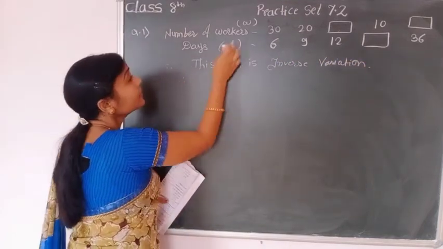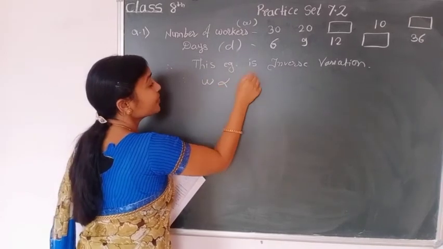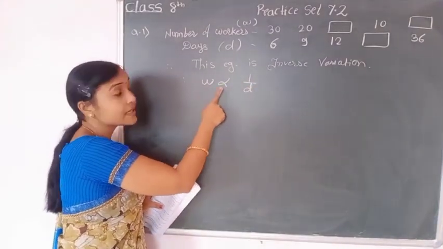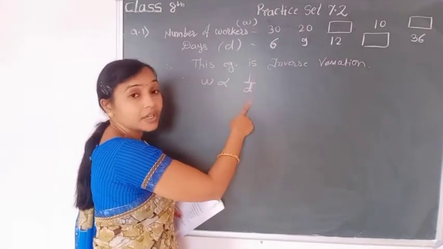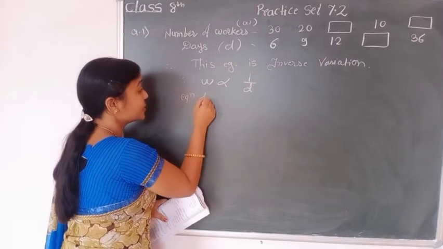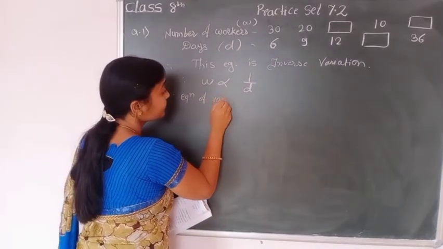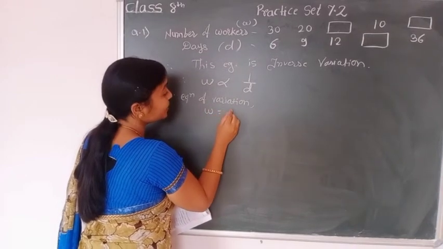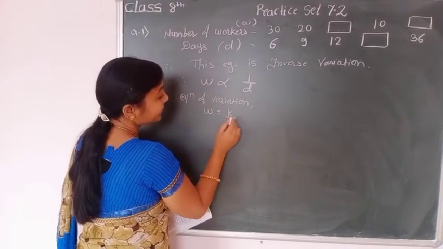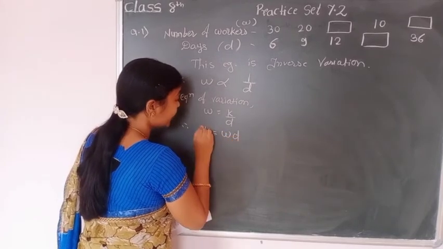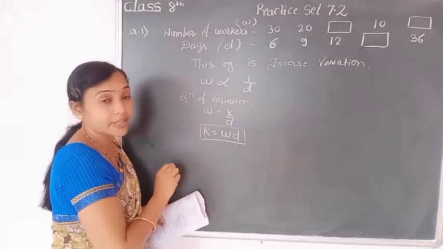So we write W is inversely proportional to number of days. Number of workers is inversely proportional to number of days. So we write the equation of variation: W is equal to k by d, and therefore k is equal to WD. This is the equation of variation.